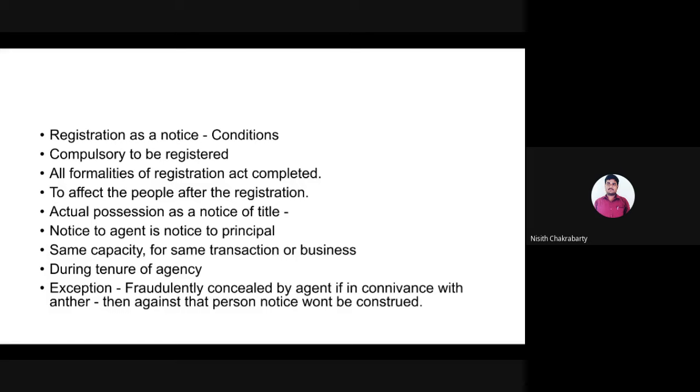Exception here is that my agent goes and joins with someone, with a party who is interested in this, and fraudulently hides something and does not tell me. I am giving the full example: B is my agent, C is interested to sell this property to me, but B knew that there is some problem in C's property, some case is going on or the EC is not clear, whatever it is, he knew it. But being my agent also, he acted in connivance with the person who is concerned, who is trying to sell it to me, and he hid it from me. He told him but did not tell me.